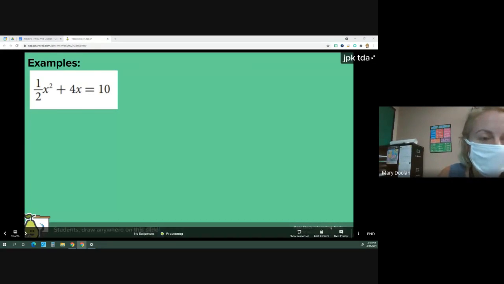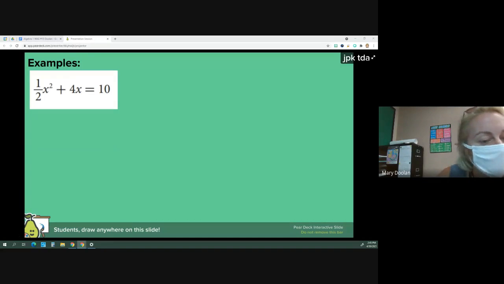So here, the coefficient of our x squared term is 1/2, and we want it to be 1. So to eliminate that, you could think of it as dividing by the same thing. We're dividing every term by 1/2, or you can think of that as multiplying each term by 2.